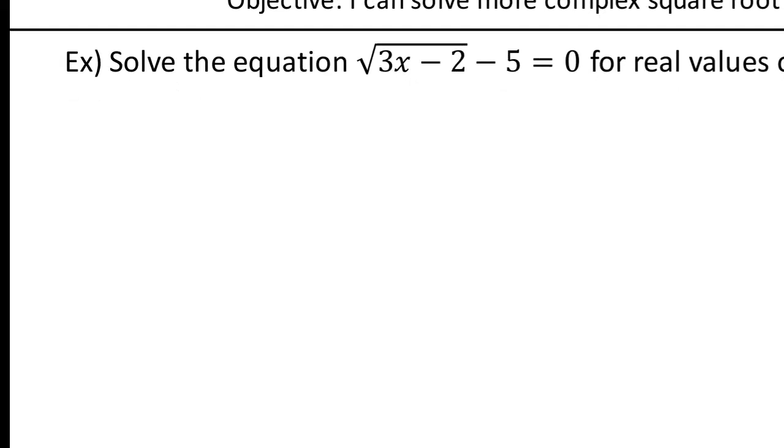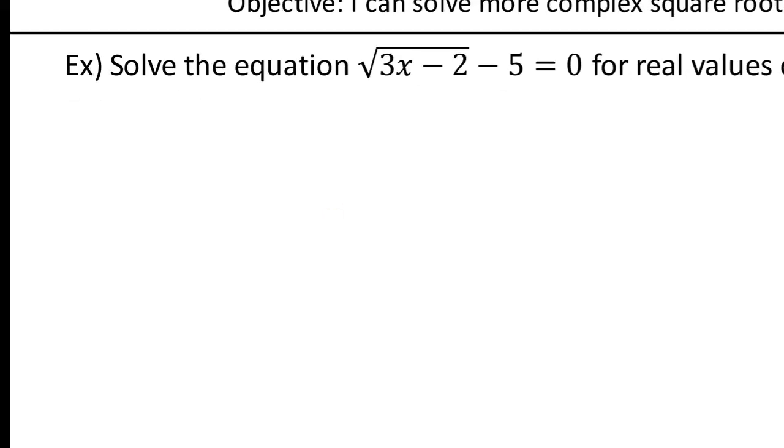So let's look at an example for today. It's kind of in the middle of the sentence for some reason, so let me just rewrite it. We have the square root of 3x minus 2 with this minus 5 on the outside equals 0.